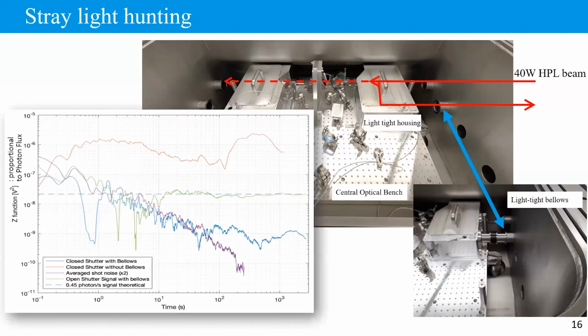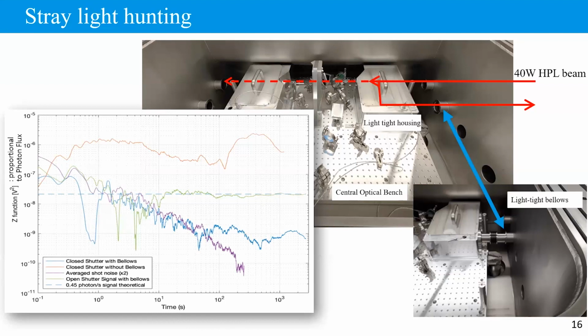By doing so, this is a plot of the signal on our detector. So don't pay attention to the labels here. Let's just focus on this red graph. What we see here is the signal on the detector while the shutter is closed. So what does it mean?